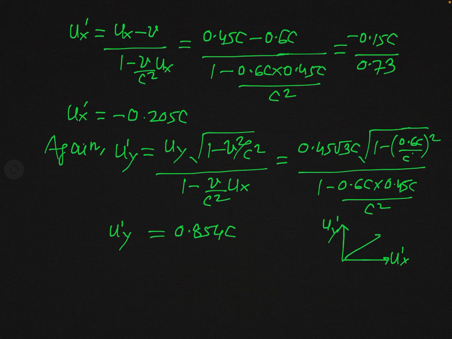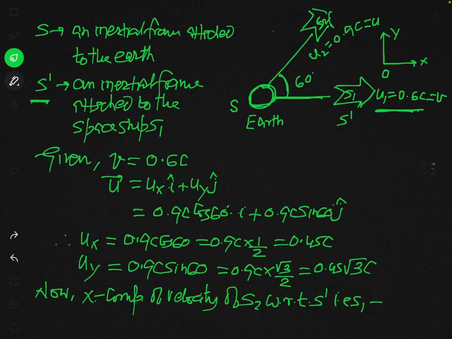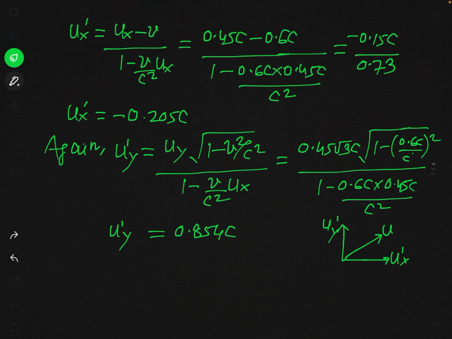So if the resultant velocity of spaceship S2 with respect to spaceship S1 is, let us say, u naught, then what will be the magnitude of the resultant of this velocity u naught, which is actually the speed of spaceship S2 with respect to S1?